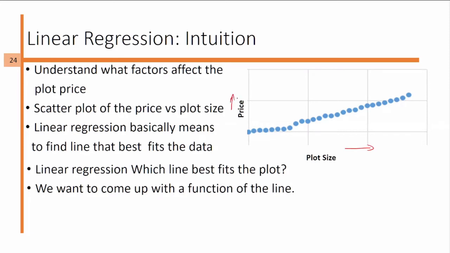In linear regression, I want to find a line which best fits this data. We can have multiple lines, and I want to know which line best fits this particular data. That's why it's called linear regression: we have a straight line which we try to fit to the data.